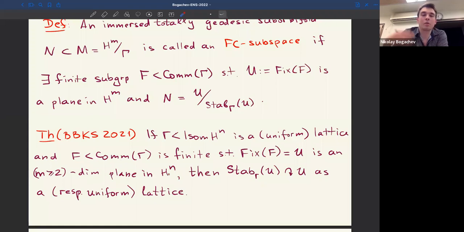This theorem roughly states that we indeed obtain a totally geodesic, properly immersed hyperbolic suborbifold in our ambient hyperbolic orbifold.